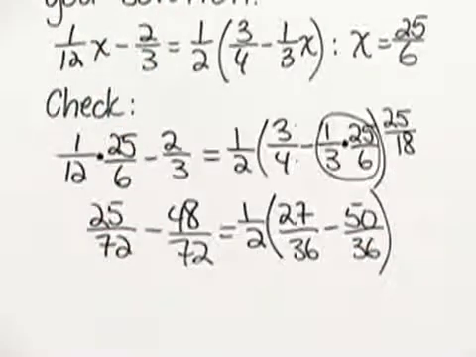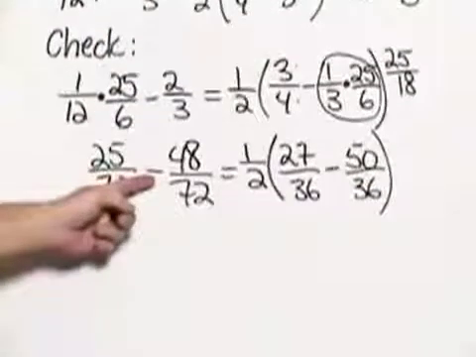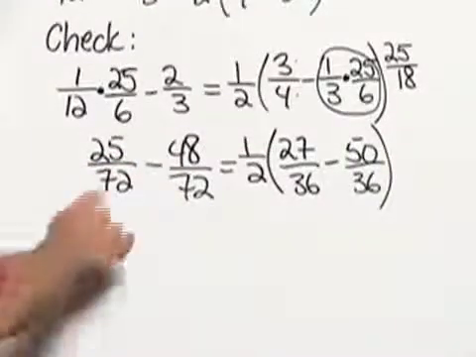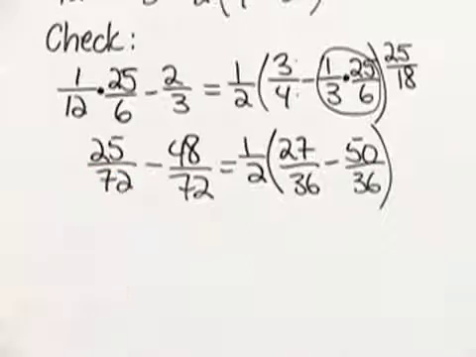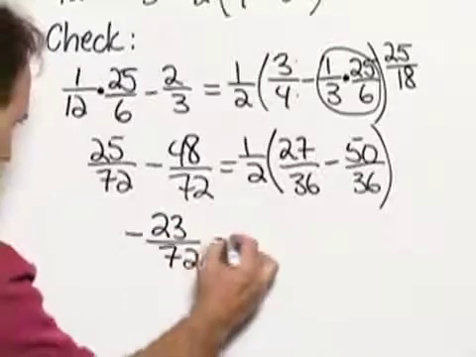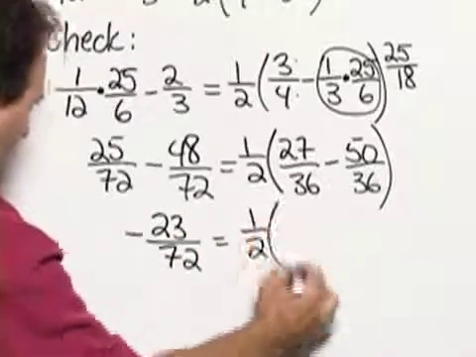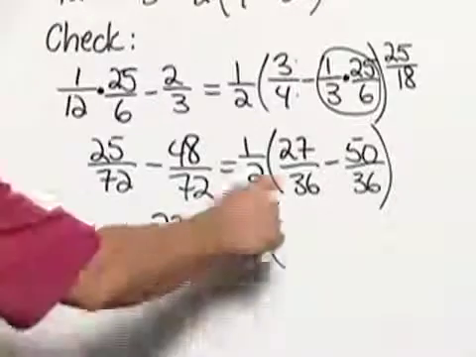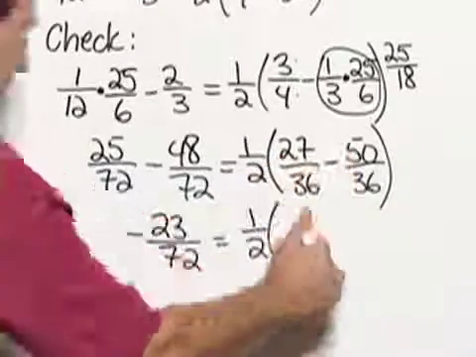On the left-hand side, 25 minus 48. That's going to give us a negative, and when we subtract the 25 from the 48, we get 23. So in other words, negative 23 over 72. We want to know, is that equal to half of, well, now we have 27 minus 50.